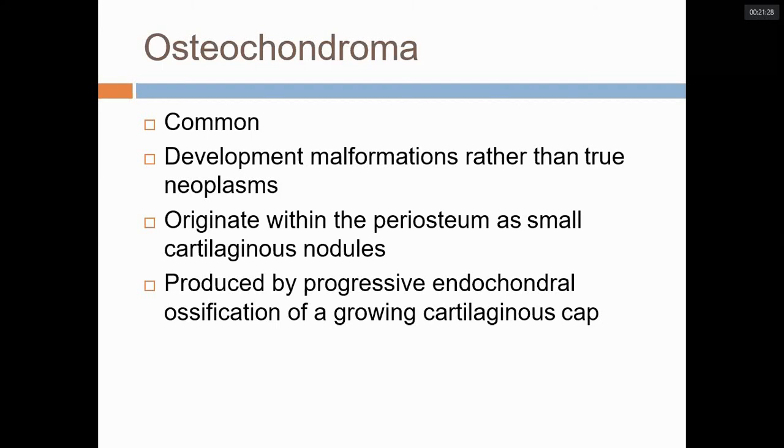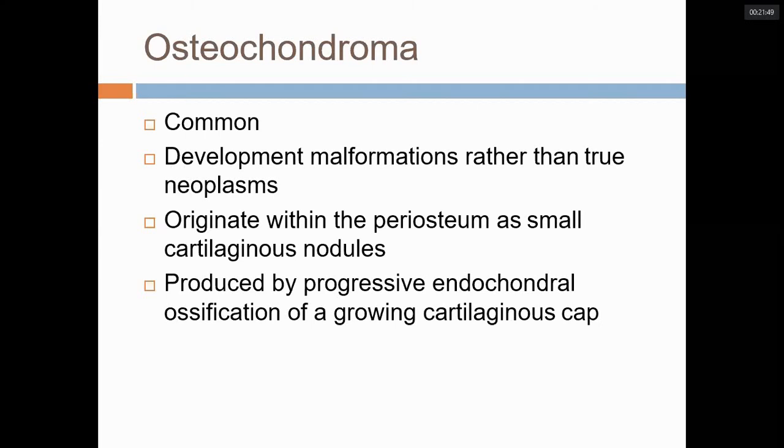It's a developmental malformation, that is why we don't call it a true tumor. Developmental malformation rather than a true neoplasm, so it's not a true benign bone tumor. The most common benign bone tumor is osteochondroma. If the question asks for a true neoplasm, then that's osteoid osteoma.